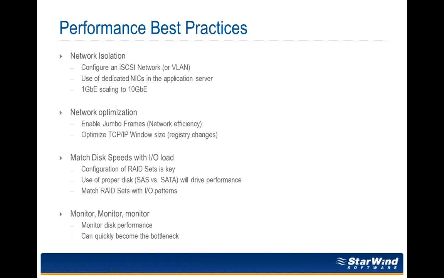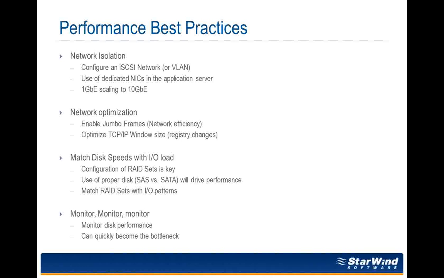You go down that path of making sure that you're using a shared storage model to make sure you've got high availability and some failover capabilities around HA. However, your end users are going to expect the same level of performance, and you want to be able to deliver that to them. And so some of these things are going to be the best practices around getting that level of performance.